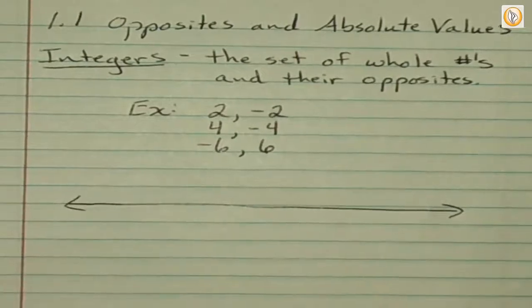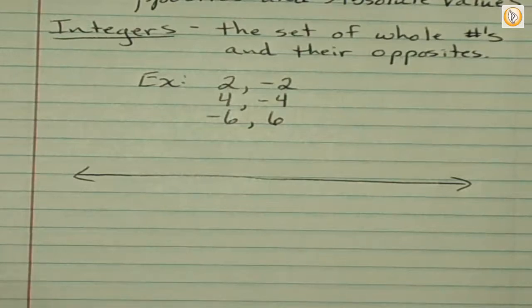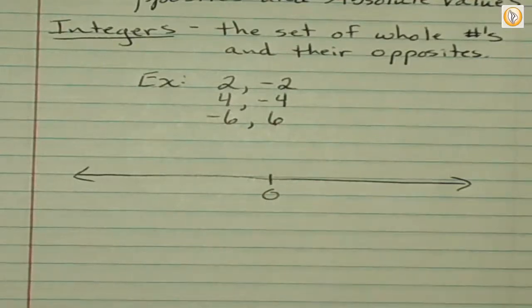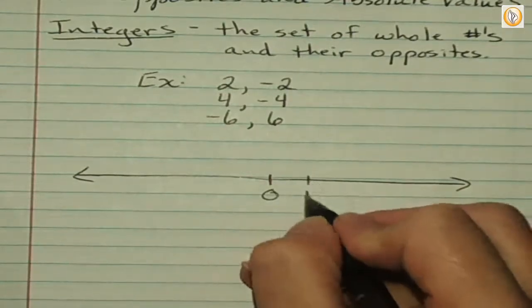Number line. I know you guys know what a number line is. But the problem is when we are dealing with positives and negatives, we can easily get confused. Easily.